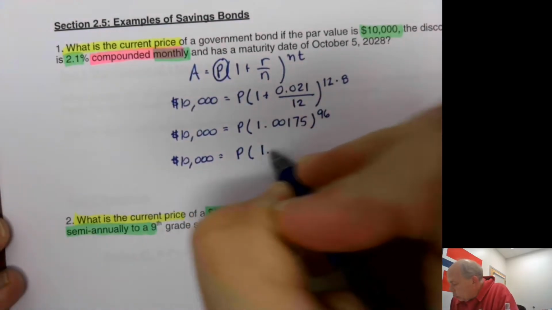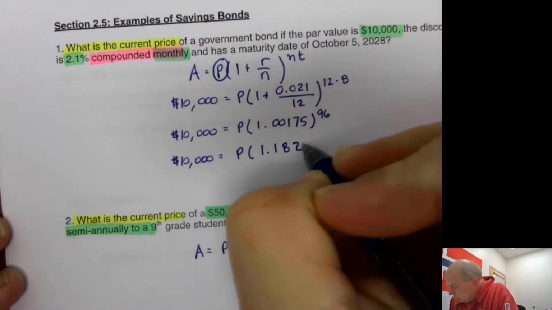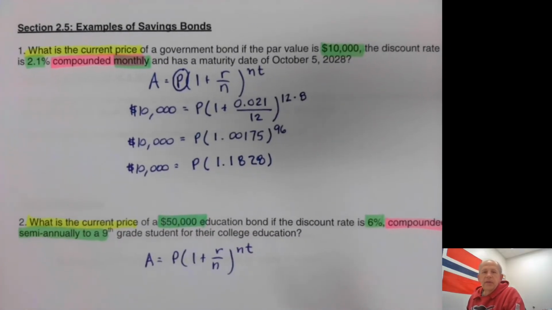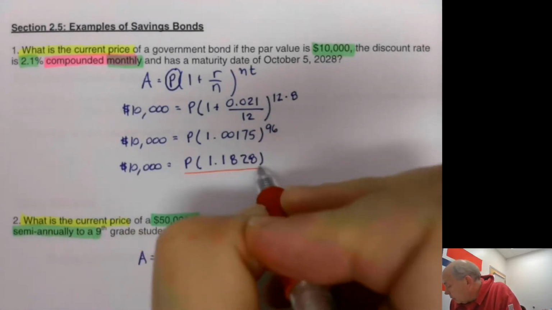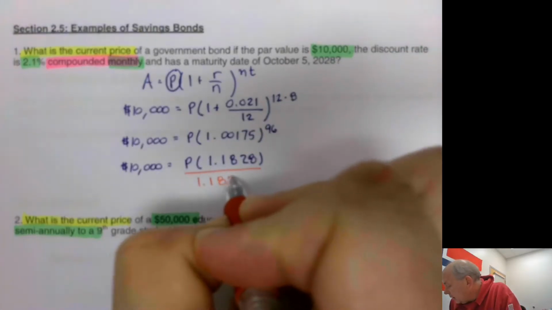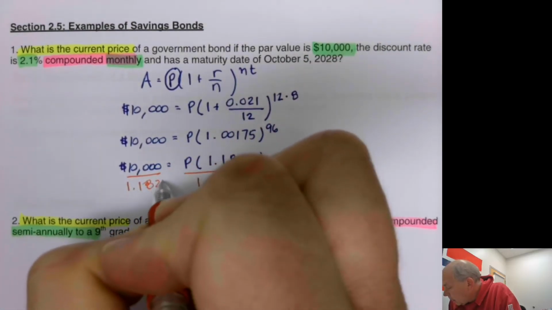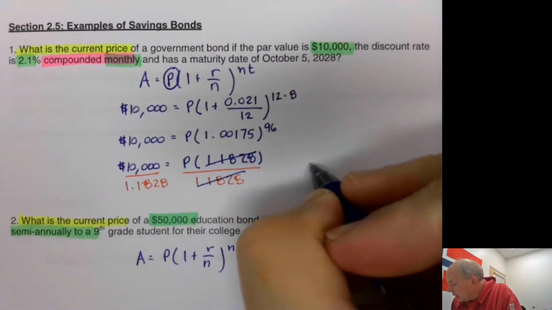So this is 1.1828. And you can see where I have this equation, the only thing I have left to do, solve for P, is to divide that through by 1.1828. Cancel.